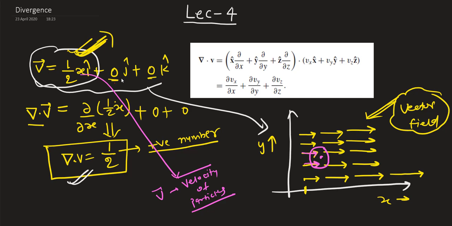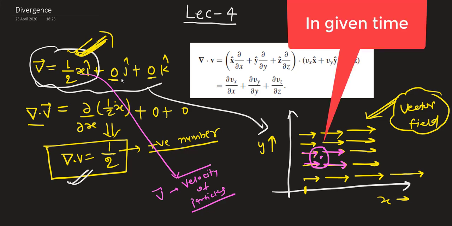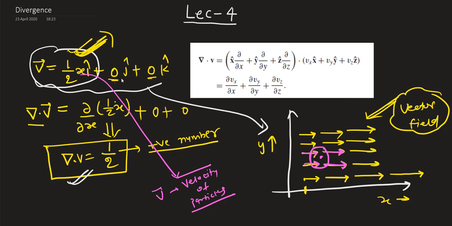Yes, and the particles are going outside with larger velocity. Now when the particles are coming with less velocity, that means the number of particles coming through this left boundary, inside this circle, is less compared to the particles which are going outside.